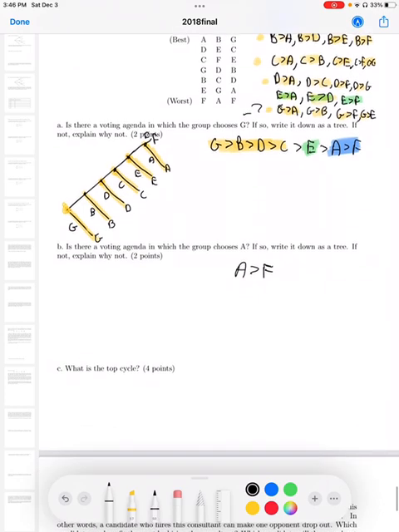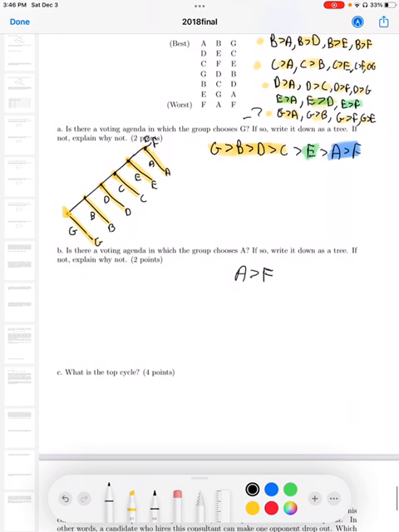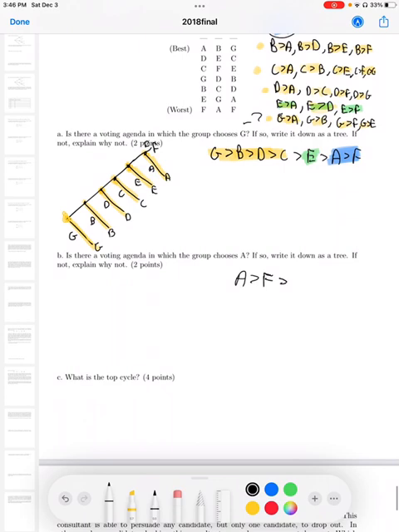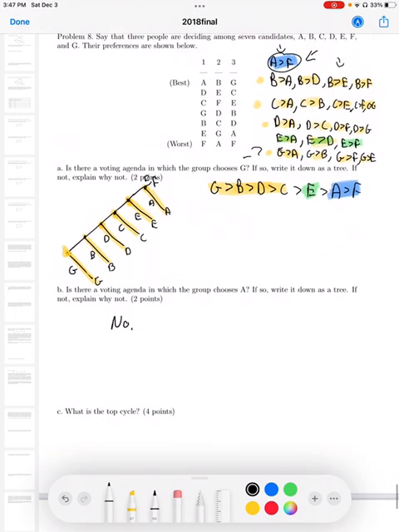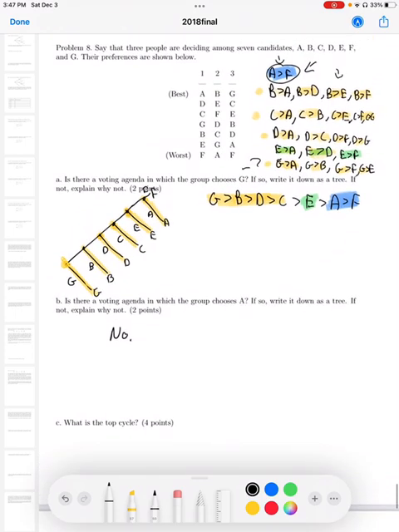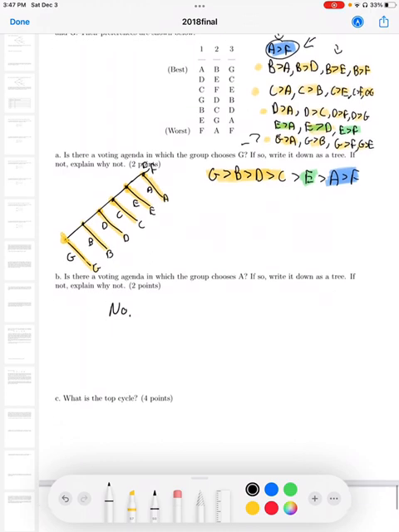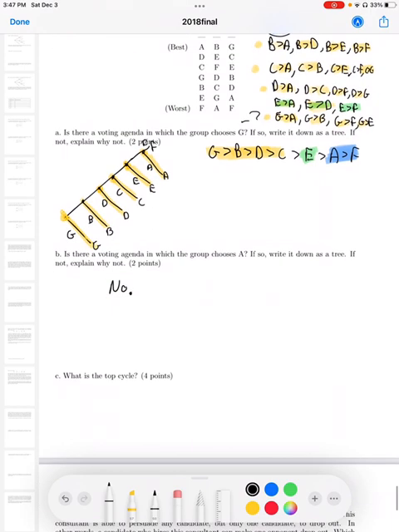So we can't have a voting agenda where the group chooses A, since F doesn't dominate anything at all. So therefore, no, we can't make an agenda, because if candidate A beats F, F can't beat any other. So no.